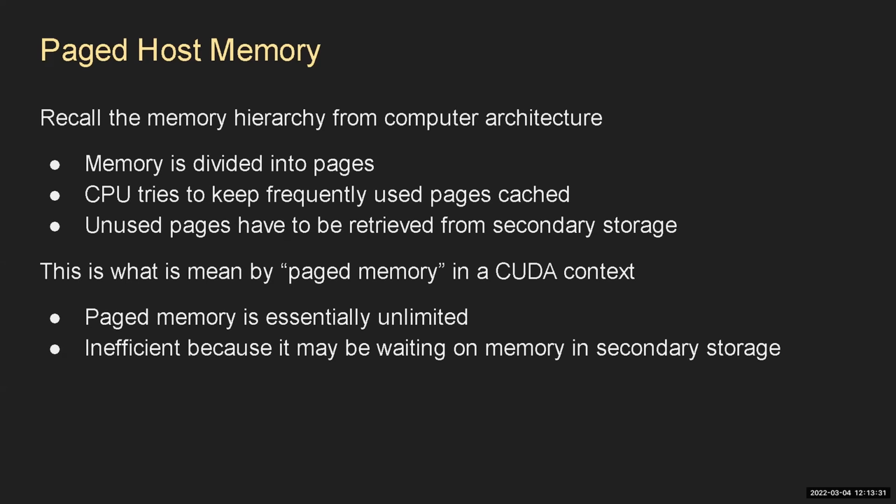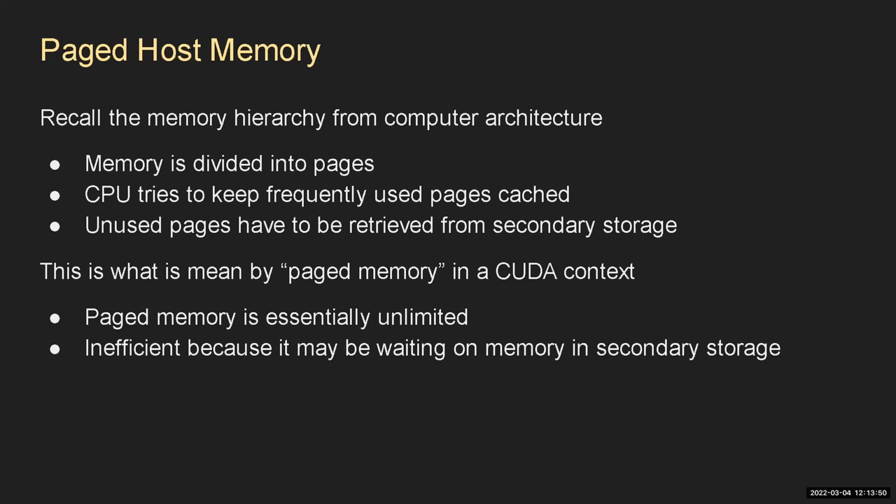Then if it falls out of the cache, it's in main memory. And if there's not enough room in main memory, or it's not used often enough, then that page of memory is put into secondary storage. It's that same concept, and that's what we're calling paged memory.